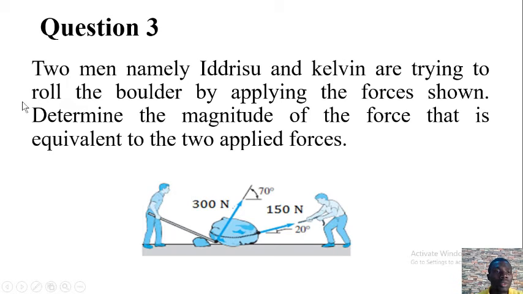Now let's take a look at this question and solve it. Two men, namely Idrisu and Kelvin, are trying to roll the boulder by applying the forces shown. Determine the magnitude of the force that is equivalent to the two applied forces. Say this is Idrisu and Kelvin trying to roll this boulder by applying this 300 Newton force and 150 Newton force.